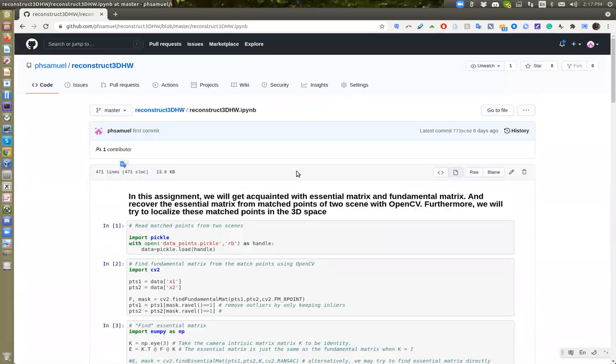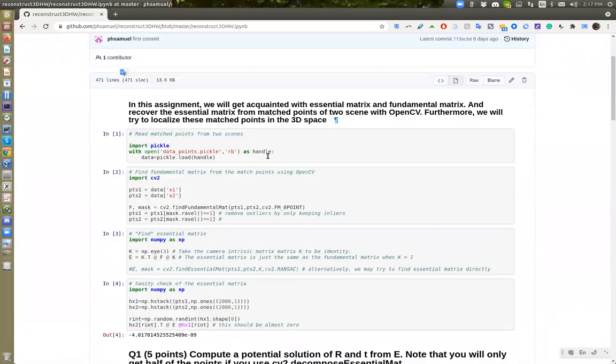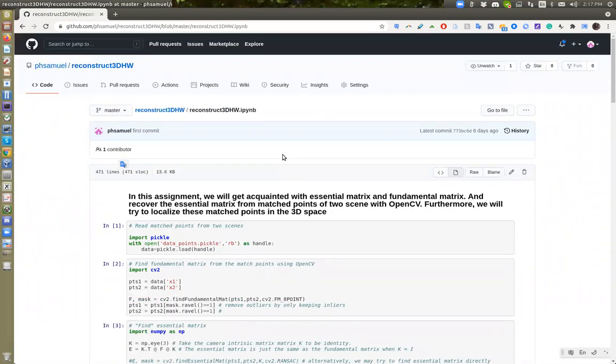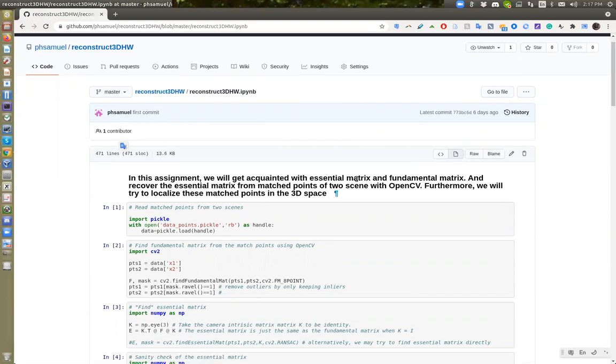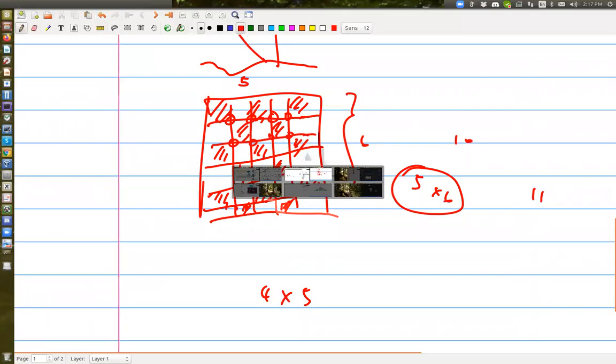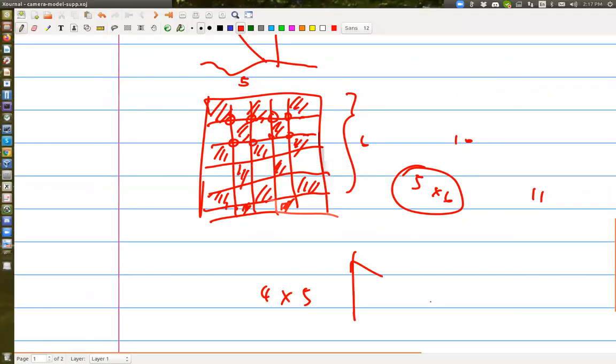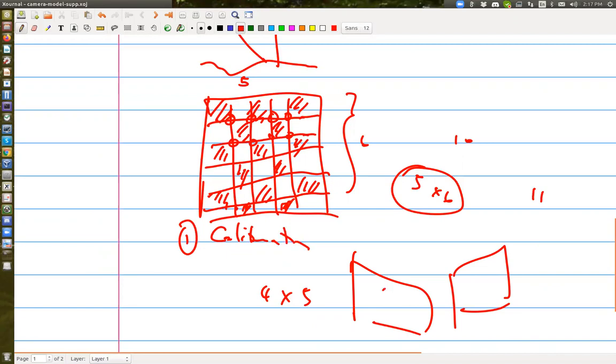So if you look at this one here, what we're trying to do for the last assignment is reconstruct some 3D points. For the scene, you have a left view and a right view. We remember we need to do two things. One is calibration, so we know how the cameras are oriented.